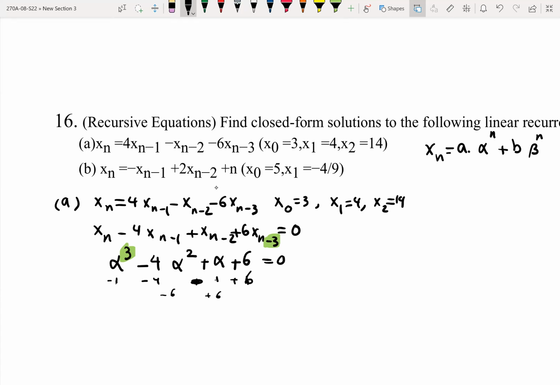So if -1 works, that means one of your solutions is -1 actually. Then how about the other solutions?